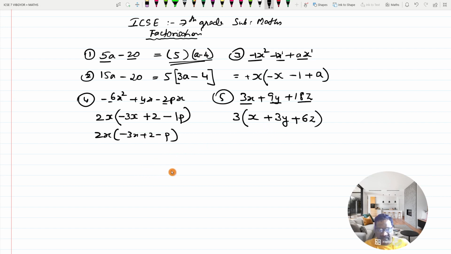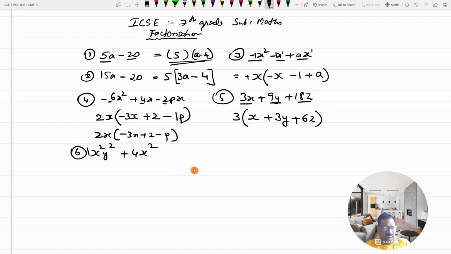Okay. Now we will move on to slightly difficult ones. The sixth one is x square y square plus 4x square. Now here in terms of numbers, if you see 4 and 1, nothing is common, right?